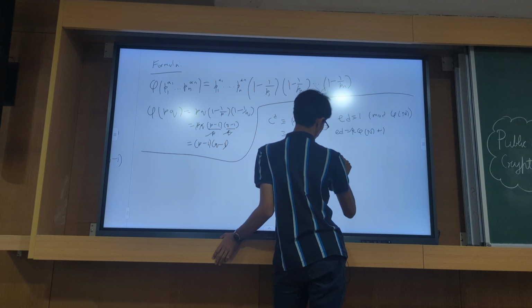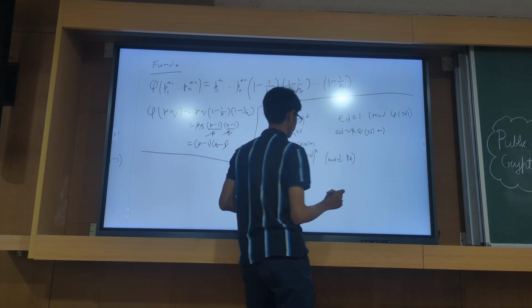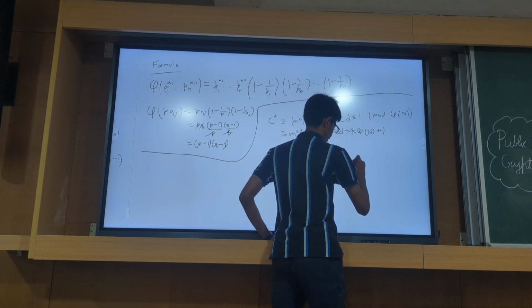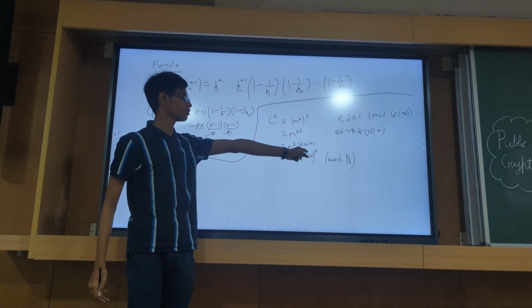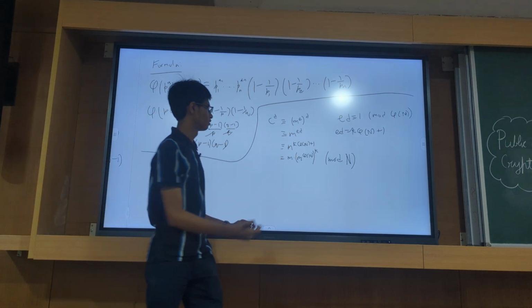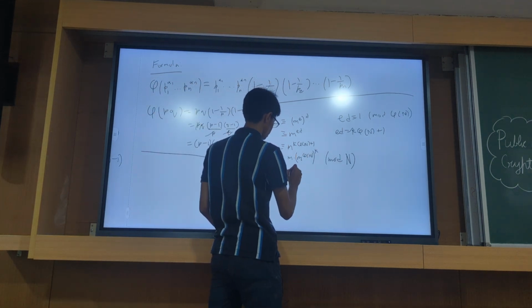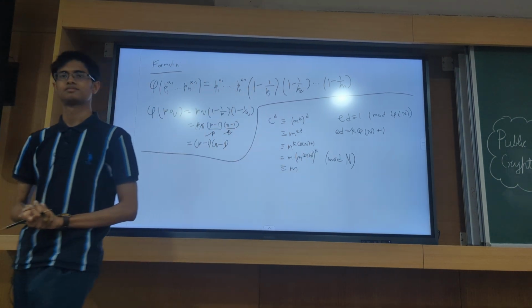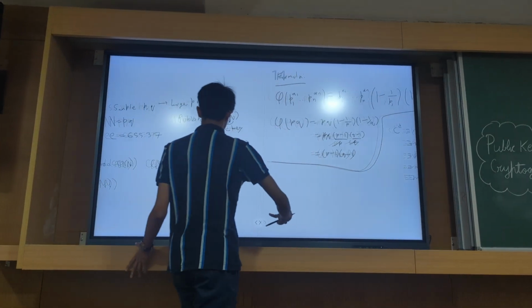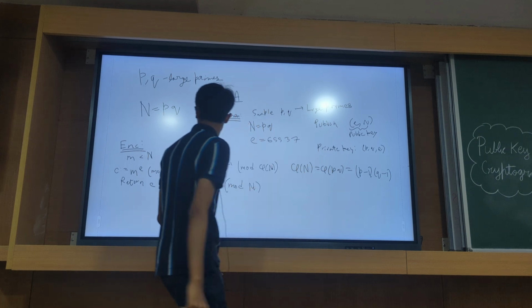And remember, we are doing all of this mod n. So m to the phi of n mod n is, by Euler's theorem, 1. So 1 to the power k is 1, and we get m here. So decryption works correctly.